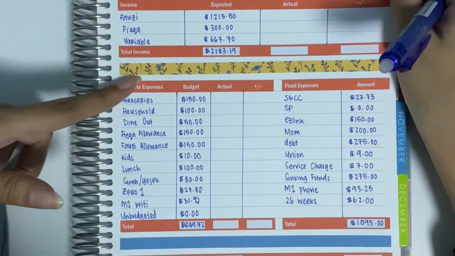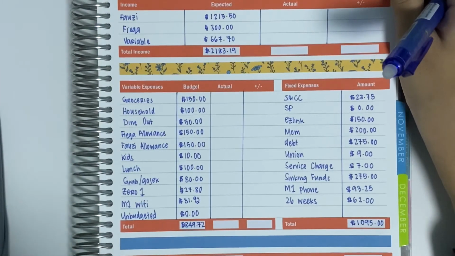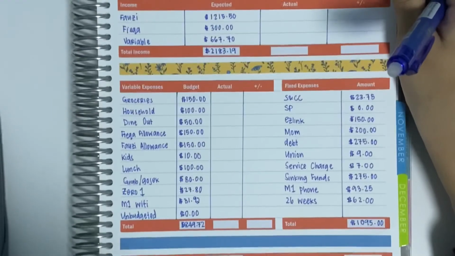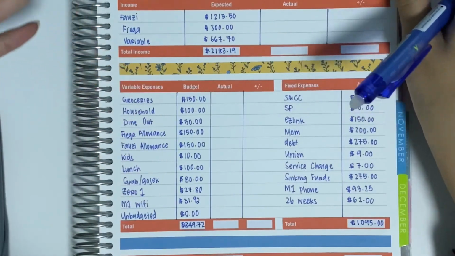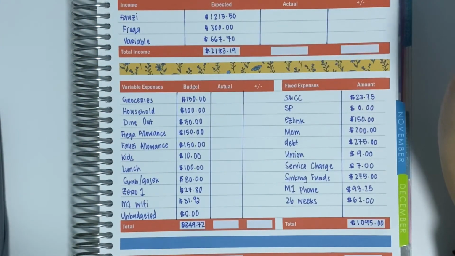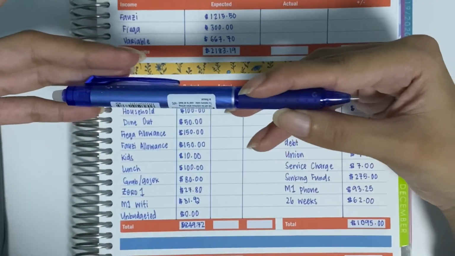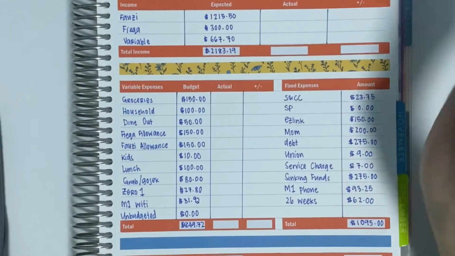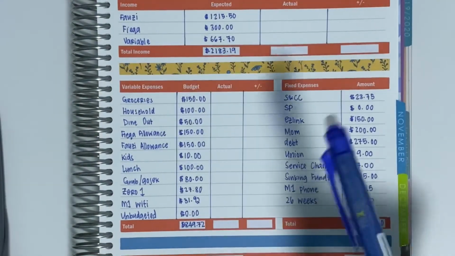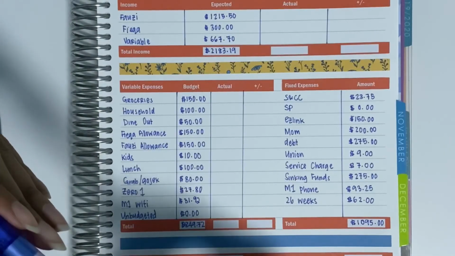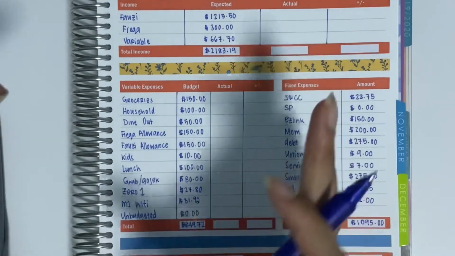This variable income would be what I get from my husband's work fare, what my extra income would be, and also the rollover from the previous month, which is this 667.70, the additional that I have rolled over from the previous month, from September.